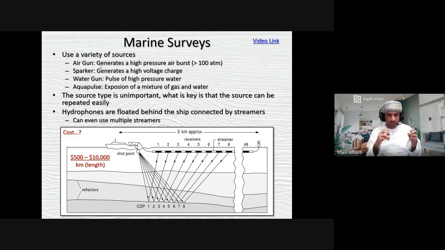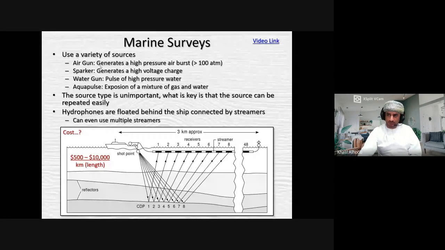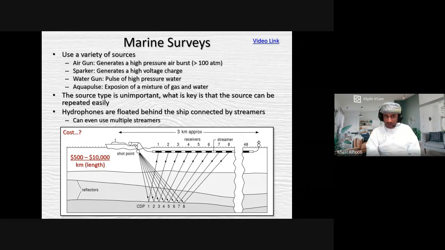You release it suddenly, so it has a huge amount of pressure, 100 psi or even more. That's like 5 to 10 times higher energy released than a pistol. So it's really a huge amount of energy.